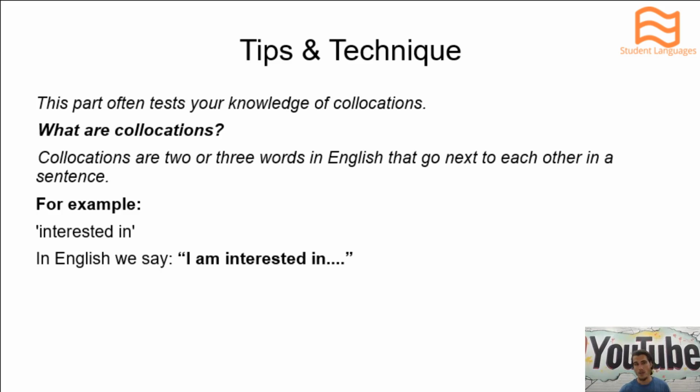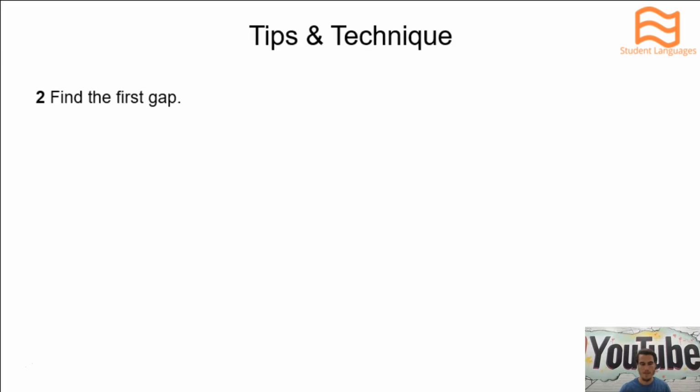Or, I am interested in, and so on. Rather than interested of, for example. Or interested on, interested with, etc. We always say interested in. So, what I'd like you to do now is to find the first gap.